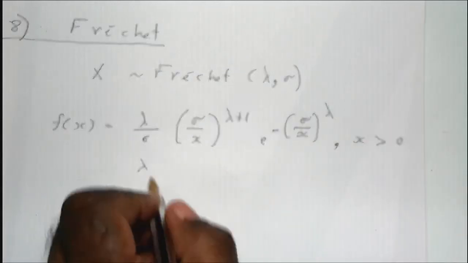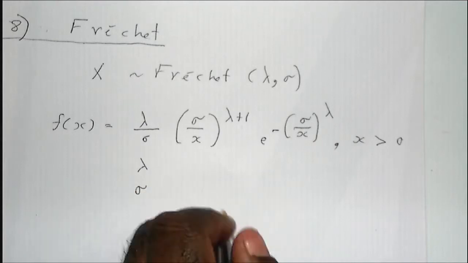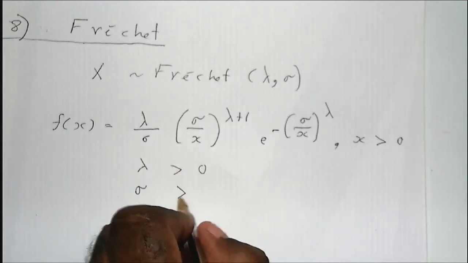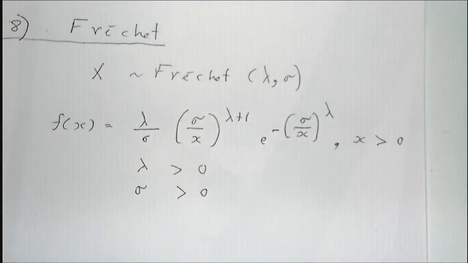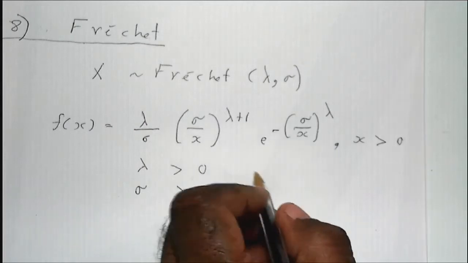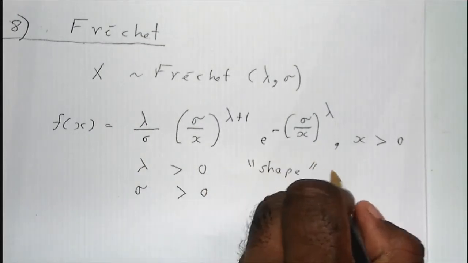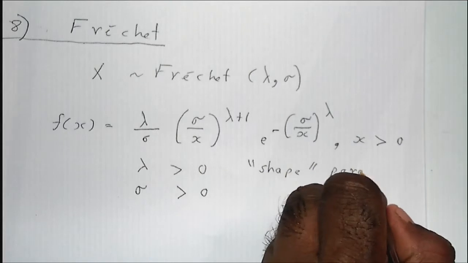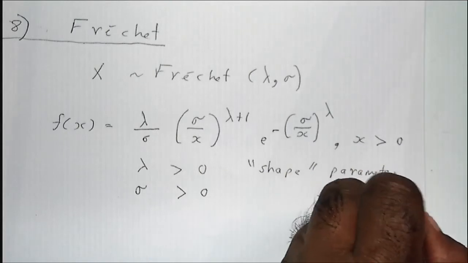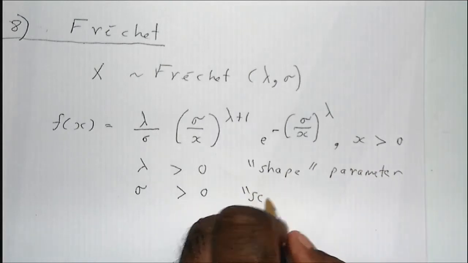There are two parameters, lambda and sigma. Both take positive values. Lambda is known as the shape parameter, and sigma is known as the scale.